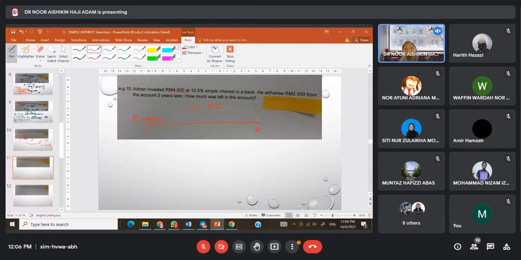So here, he withdrew how much? 2,500. So you need to subtract 2,500 from the account. You want the balance here. Right? This is what we need to find: how much money is left in the account after the 2,500 ringgit withdrawal.